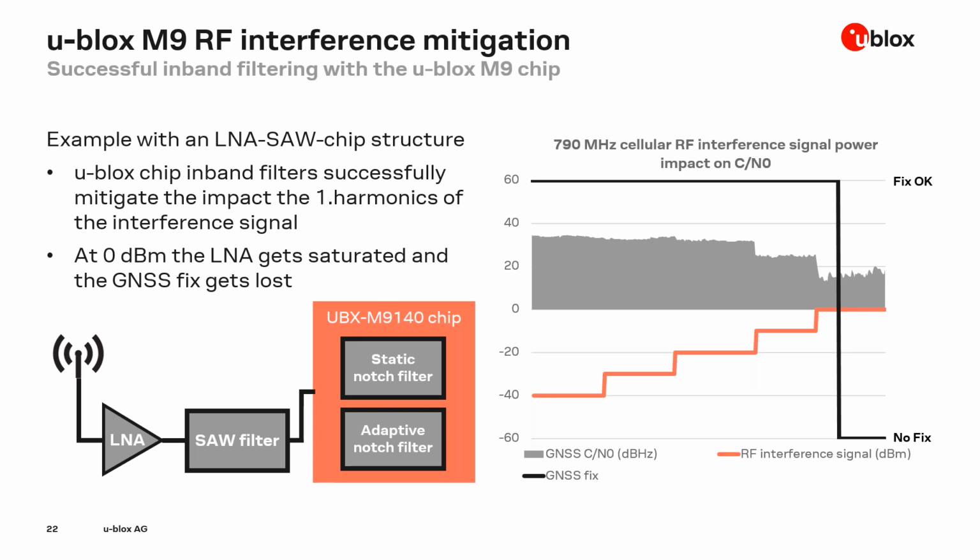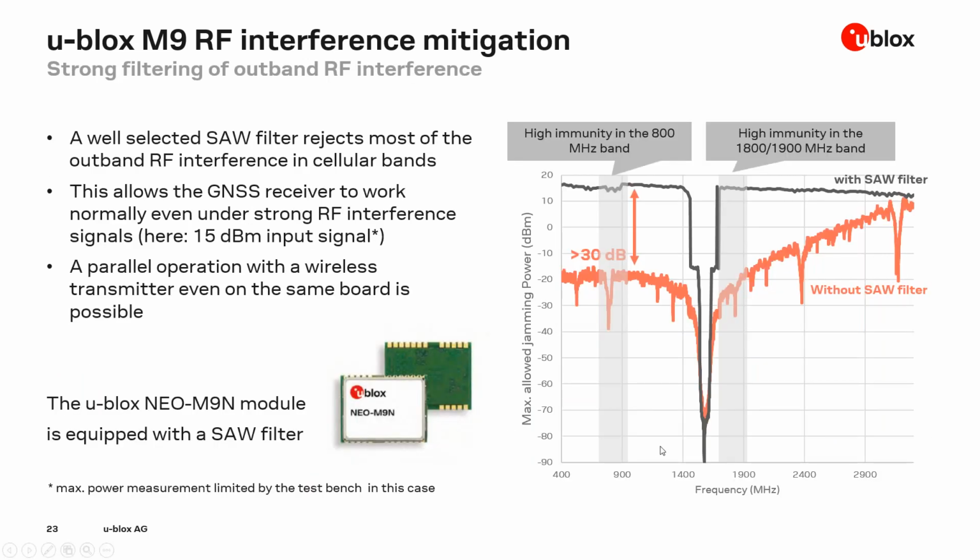Okay, in the next slide, we look at outband interference. Here, this is a little bit more complex diagram on the right-hand side. So what is the setup here? Here we use a standard NEO module, which is equipped with the SAW filter, and we look at how it behaves if RF interference is present.